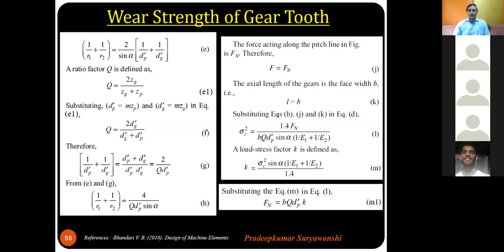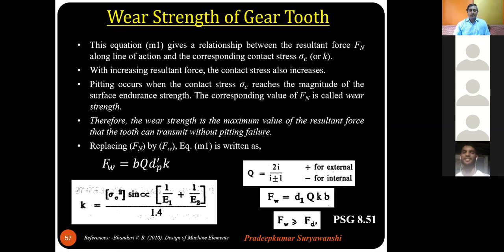Okay. Well, I will take you through this slide. It is similar to what we considered in case of beam strength. The equation for Fn gives the relation between the resultant force Fn along the line of action and the corresponding contact stress sigma c or load stress factor K. With increasing resultant force, the contact stress will also increase, and pitting occurs when the contact stress sigma c reaches the magnitude of the surface endurance strength.